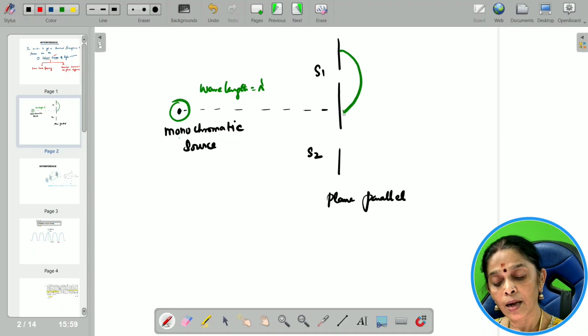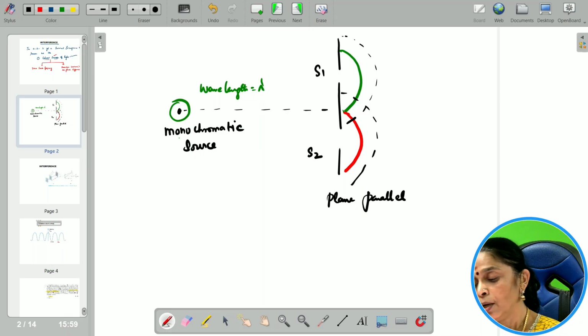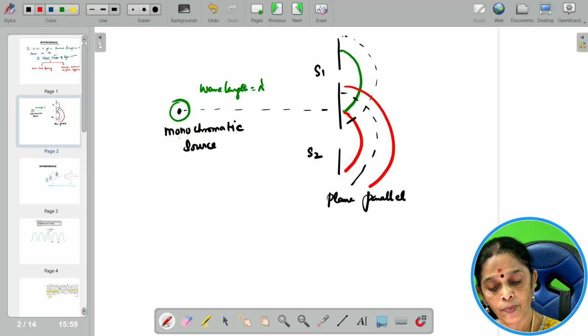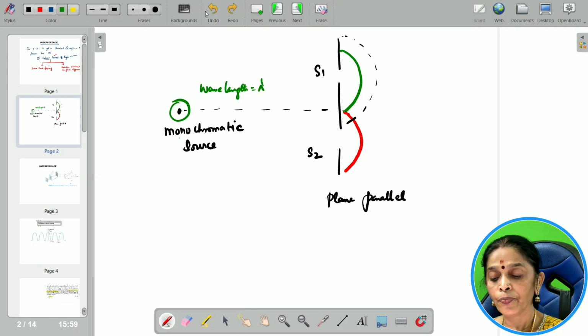So this is crest and this is also crest. And this is trough. The dotted lines represent trough.